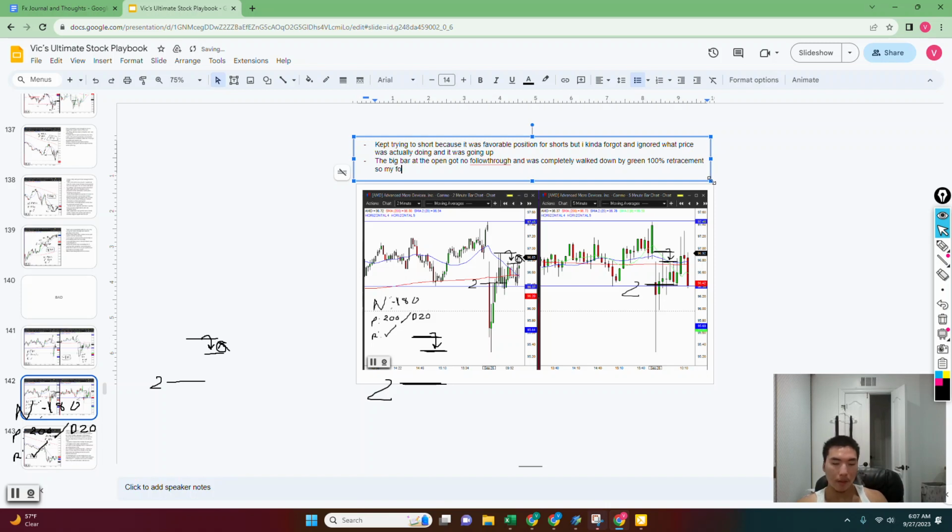So my focus should have shifted off the shorts a little, and I shouldn't have been so biased. I need to trade with the momentum, and clearly there was none to the downside.